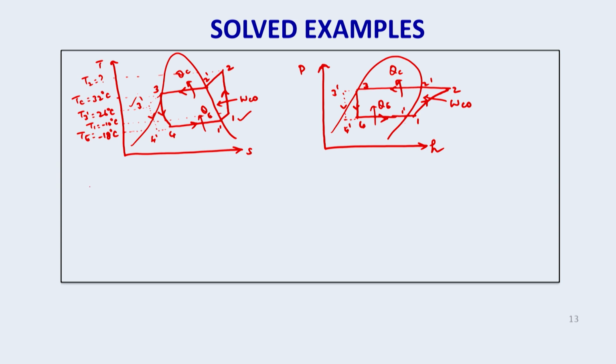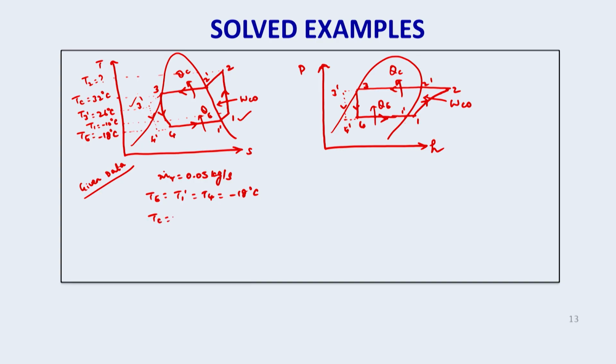Let us write the given data. Mass flow of the refrigerant is given as 0.05 kg per second. Evaporator temperature: 1 dash and 4 are all at the same temperature, lying on the same line. So T1 dash equal to T4 equal to minus 18 degrees centigrade.